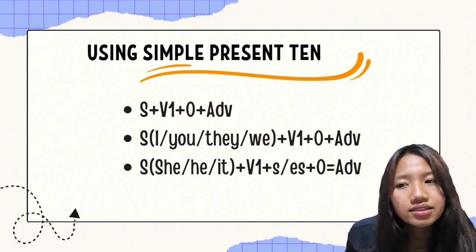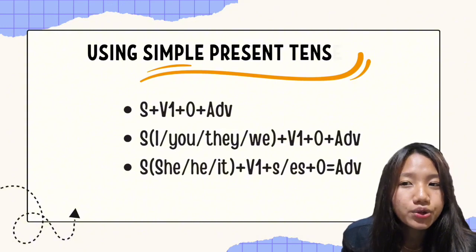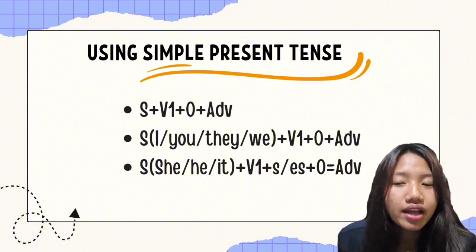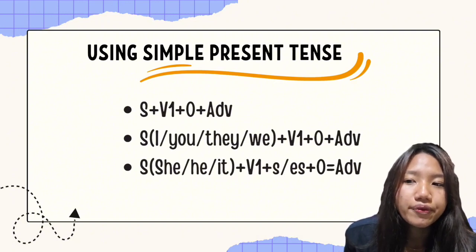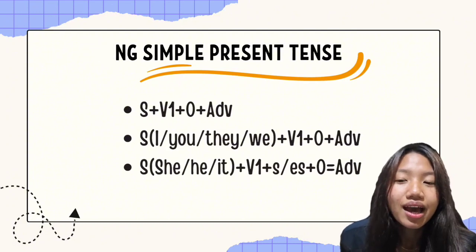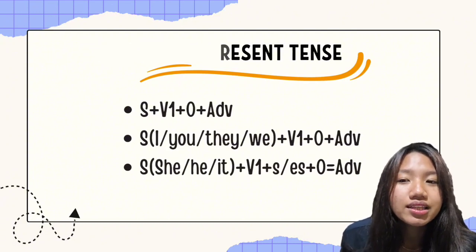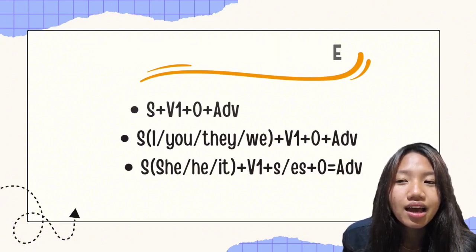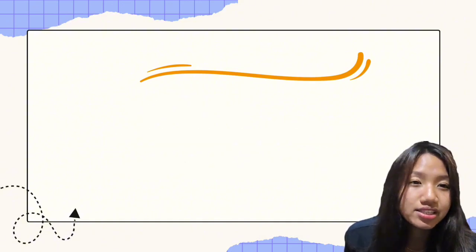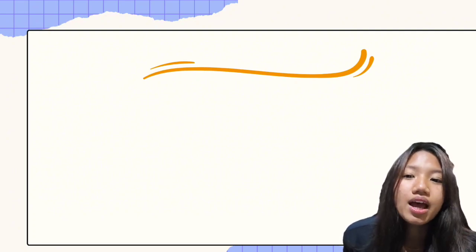And the next is subject, Ayu Dewi, the subject here using verb 1 and object, and then adverb. When using the subject he or it plus verb 1, in simple present tense we use s or es, and then object and then adverb.